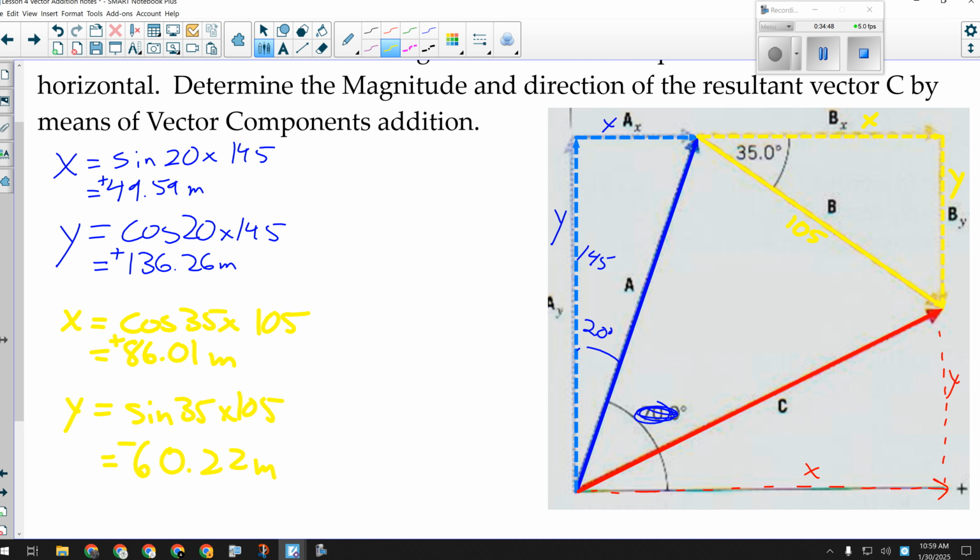It's why we call it vector component addition. I'm going to put the components that are the same together to get my overall. All right, so that means that red x is going to be 49.59 plus the 86.01. Both of those are positive, so I'm just adding them together.